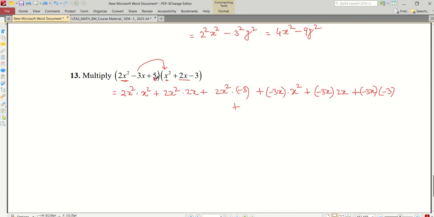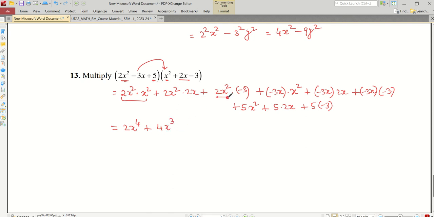Now we will multiply with 5. 5 into x power 2, plus 5 into 2x, plus 5 into minus 3. Now equal. What is this? 2 into x power 2, x power 2, x power 4. Plus 2 into 2, 4, x power 3.